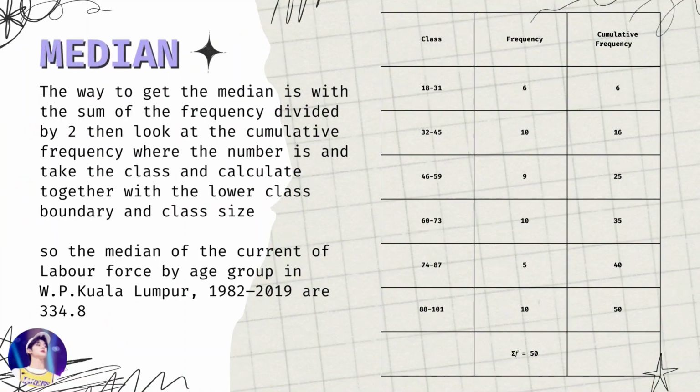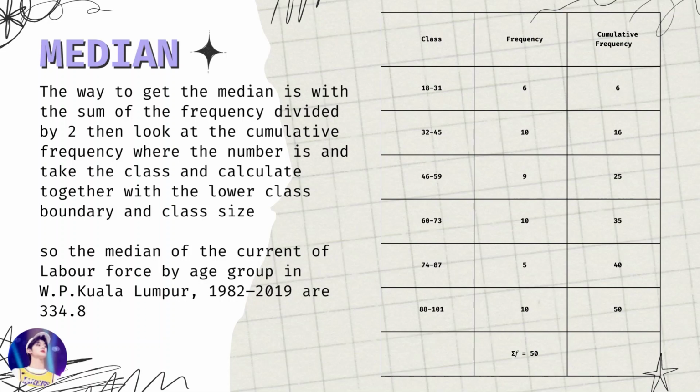The way to get the median is to take the sum of the frequency divided by 2, then look at the cumulative frequency where the number is n. Take the class and calculate together with the lower class boundary and class size.